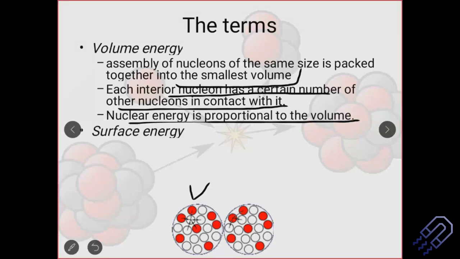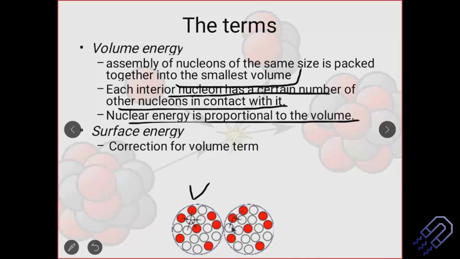Next, we have got the surface term. Now, this surface term is basically a correction of the volume term. What is the reason? If you consider this particular proton here, you have this proton, this neutron, but you don't have any nucleon on this side. That means there is an uneven exchange of energy happening between them.